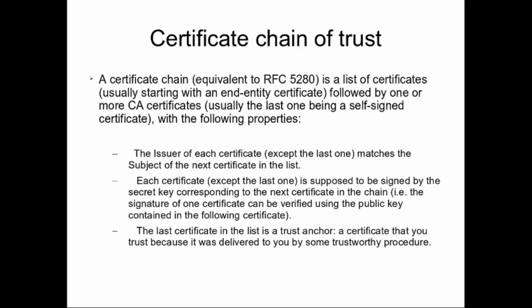It has its own certificate and its own public key, which is certified by the primary CA. Once you log into any secure website or any secure connection, this whole chain has to be verified and tested, and only then can you say that this certificate is valid, this person is valid.